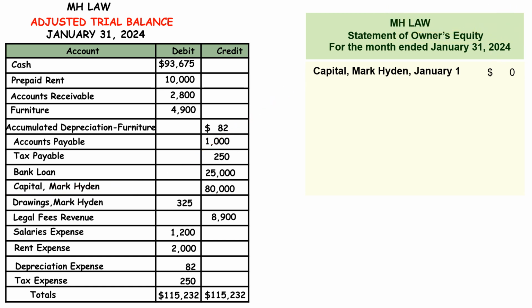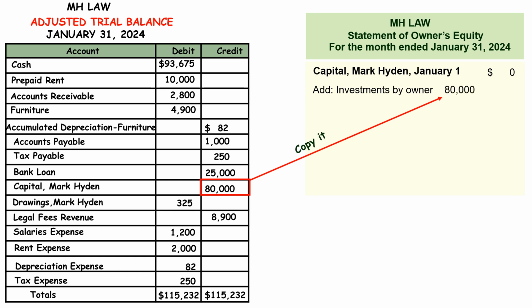Now, what increases the owner's equity in the business? Well, investments by the owner. So we will add investments by the owner. Let's go to the trial balance again and find the investment that the owner made in the business during the month, and copy that figure here of $80,000.